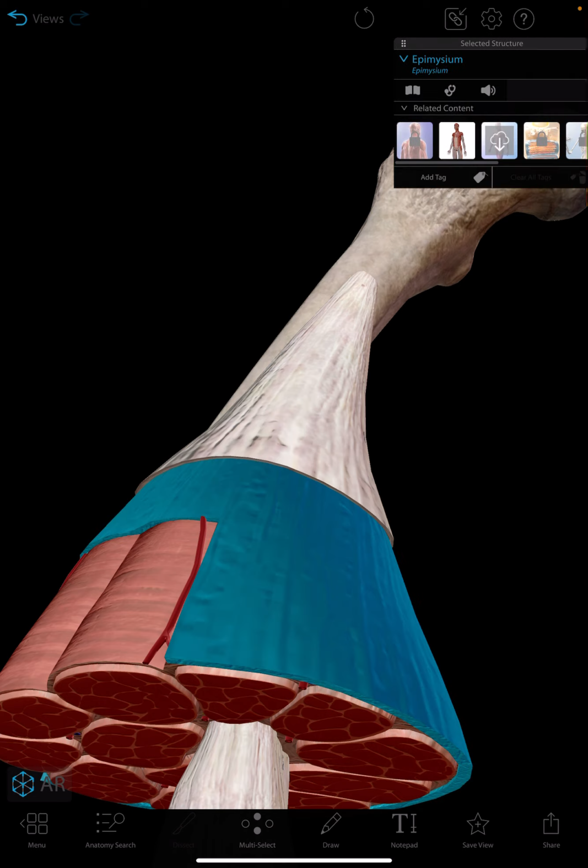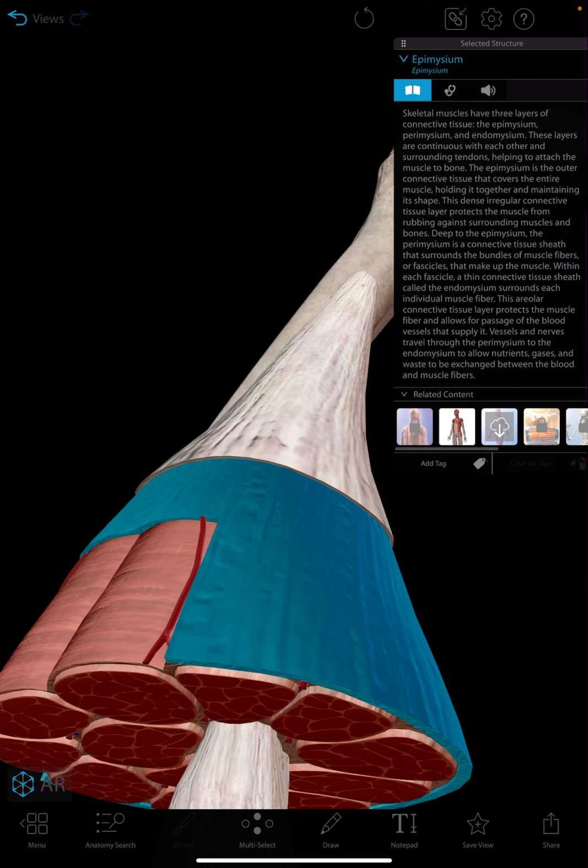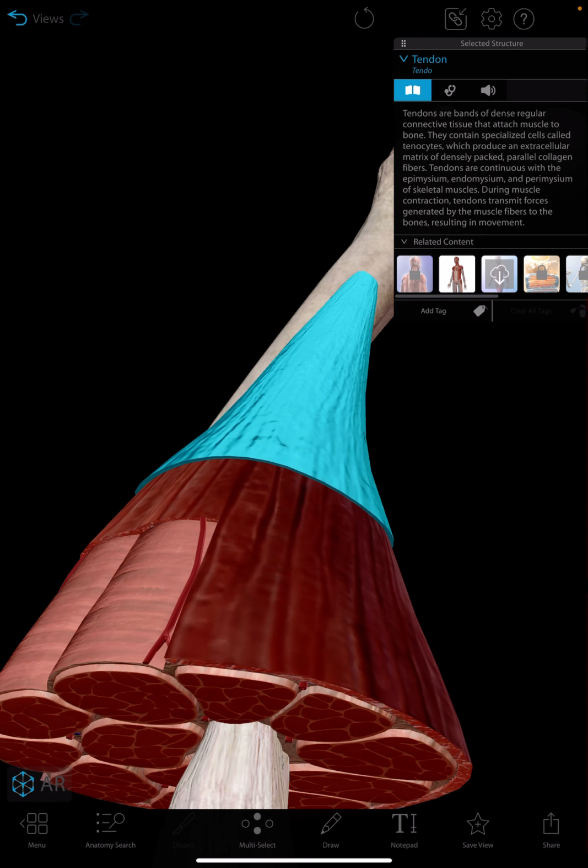This epimysium is a dense, irregular connective tissue structure that wraps all the way around the muscle, encasing it, and it is continuous with the tendon.